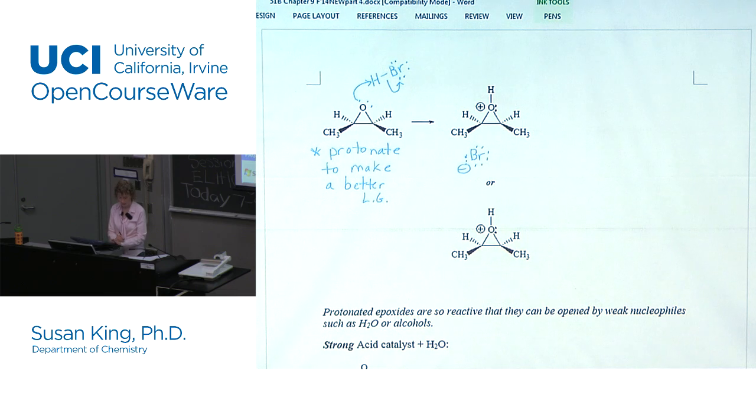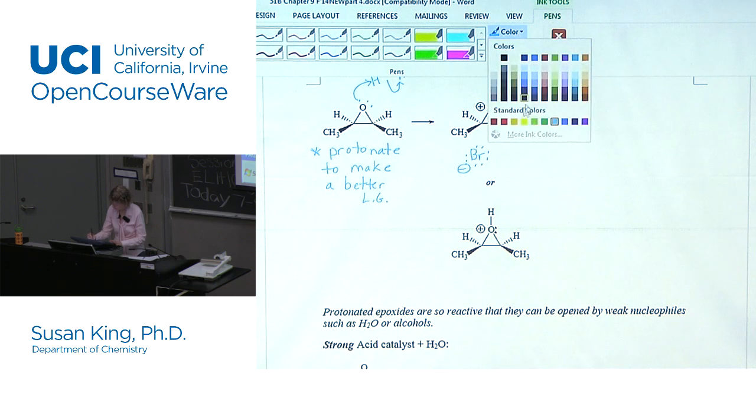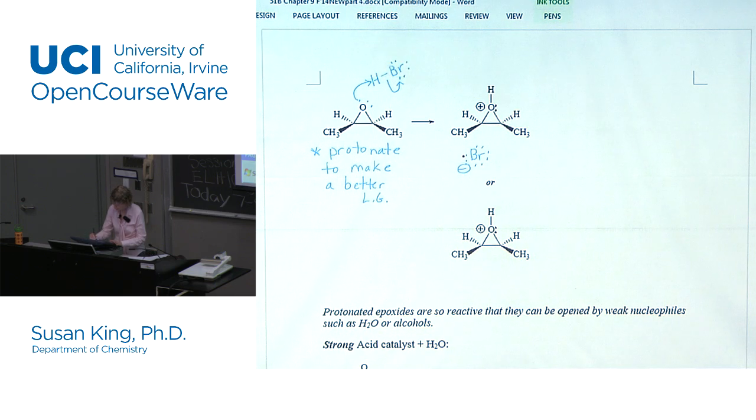But in this case, it does attack on either side equally. So let's have it attack on the left-hand side, just like that. And it's backside attack, therefore inversion of configuration.